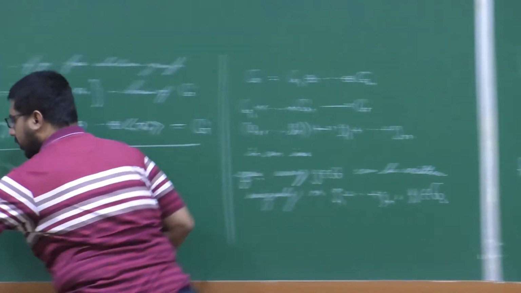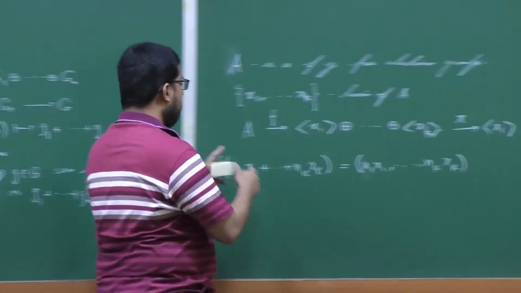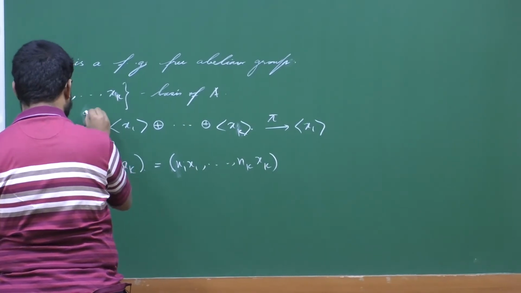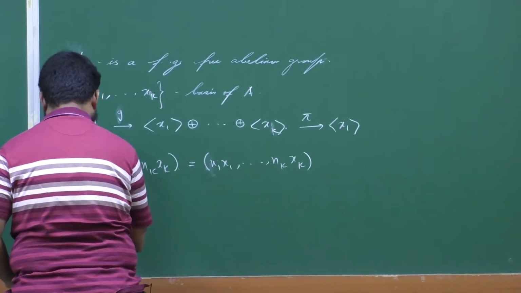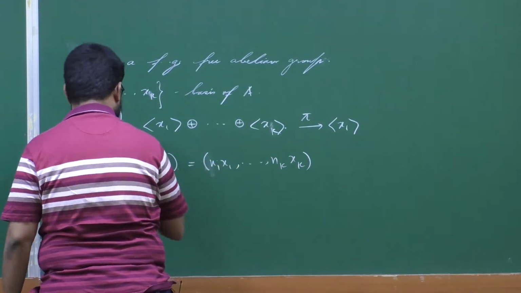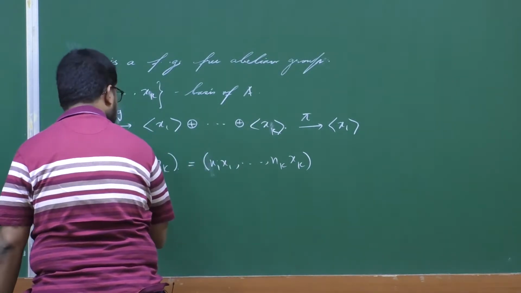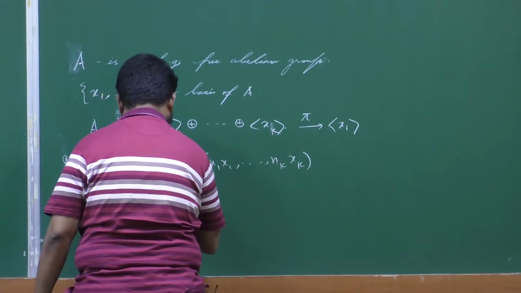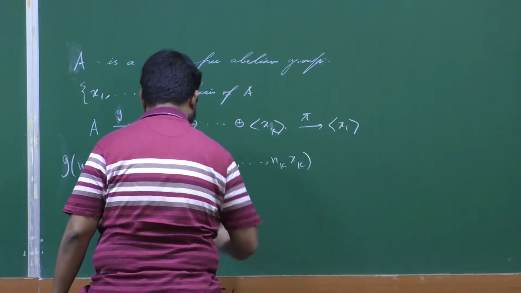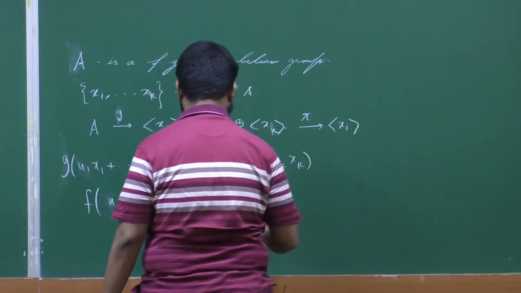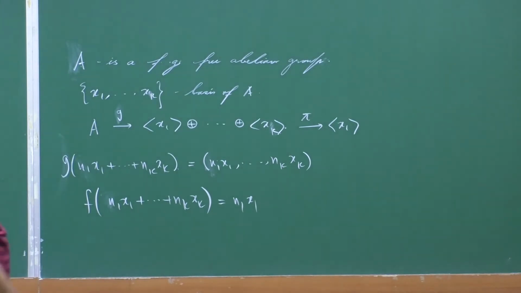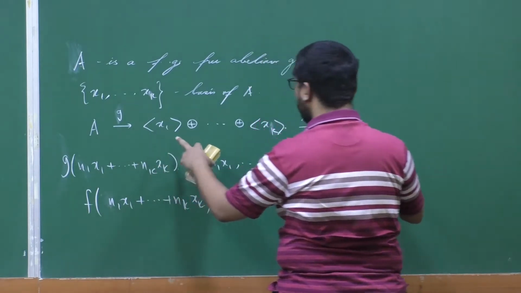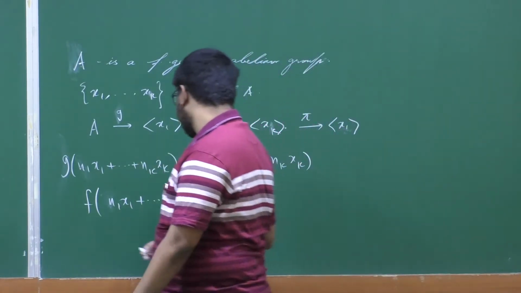So let me denote now the projection map by pi. Basically F is the composition of G and pi. So this is actually a map from A to the cyclic subgroup generated by x1.